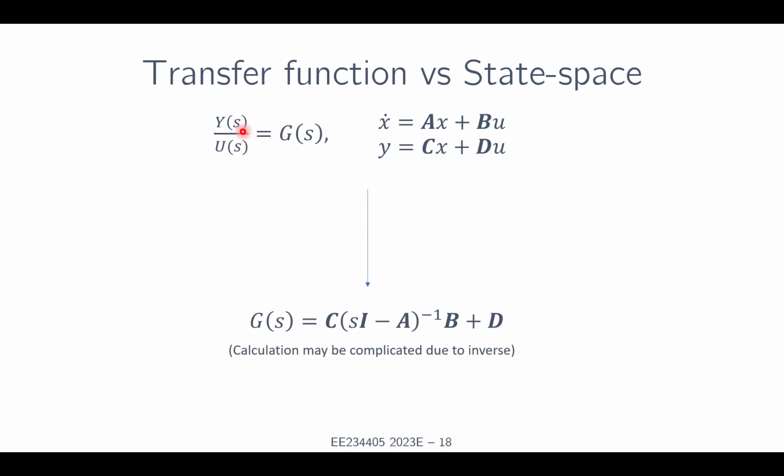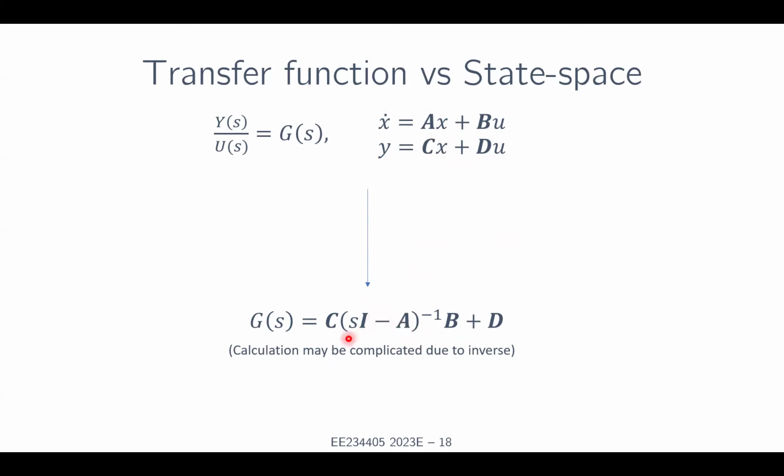For the transfer function, we have the input u processed by the transfer function G into the output y, whereas for the state space, we have this equation, again with matrix A and vectors B, C, D. With this, we could actually change this matrix and these vectors into the transfer function G. So how we do this is we compute this equation, which is based on matrices.